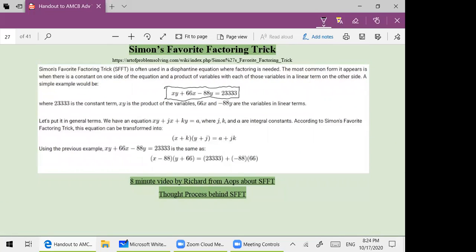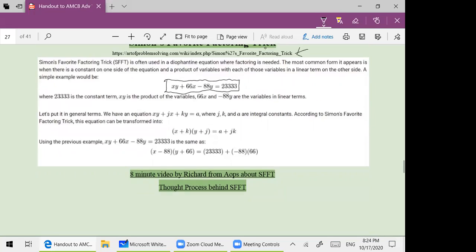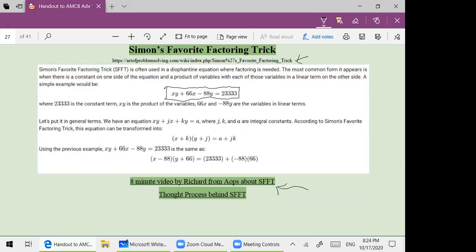You can find more about it using any of these two links, since I'm pretty sure these two are the same video. It's Simon because that's the name of the person who first made it popular.